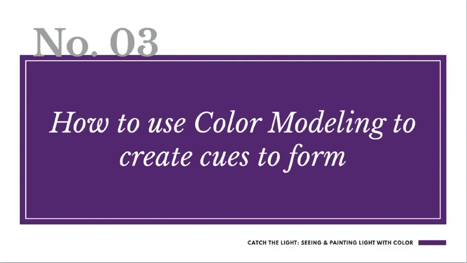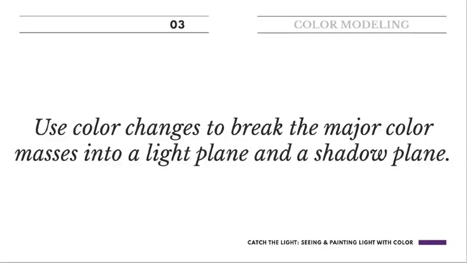So we're going to talk about several ways that you can use modeling, adding value variation, hue variation, temperature variation, to create those cues to form that both Hawthorne and Hoffman were referring to. So number 1, use color changes to break the major color masses into a light plane and a shadow plane.